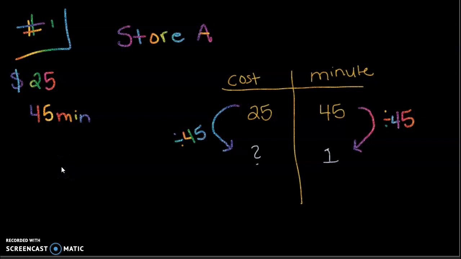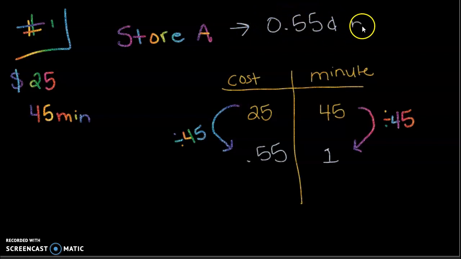If I type in 25 divided by 45, I get 0.5555, a bunch of them. So basically, I'm going to round this number and get 0.55. So for store A, it is 55 cents a minute.